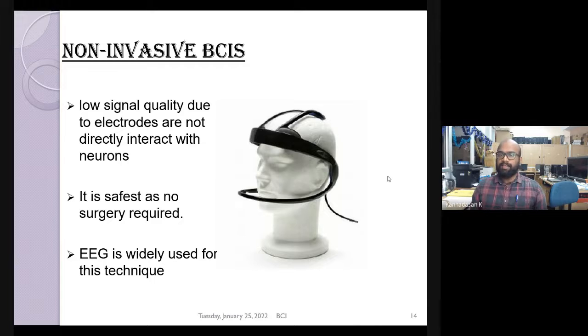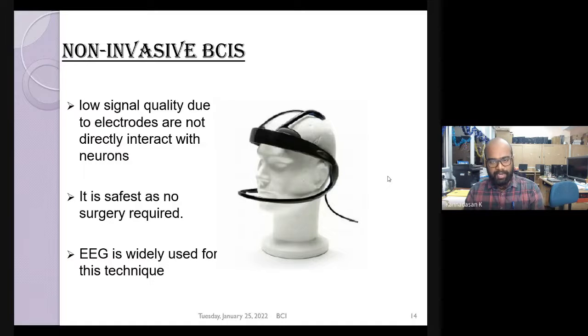So first we started with BCI, then we saw the components of BCI, then BCI types. There were 3 types. Among that, first we saw different types of brain signal extraction techniques, that is EEG, ECoG, MEG, MRI, etc. Amongst that, we chose EEG because EEG was cheaper and more efficient than all other techniques.